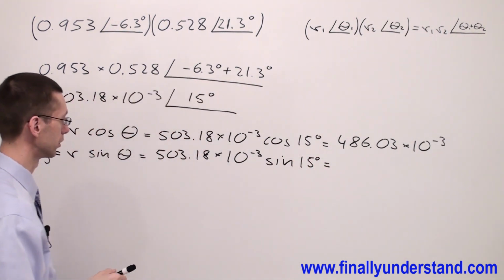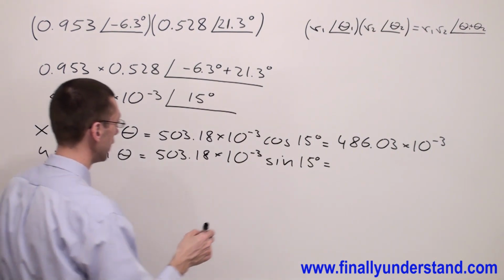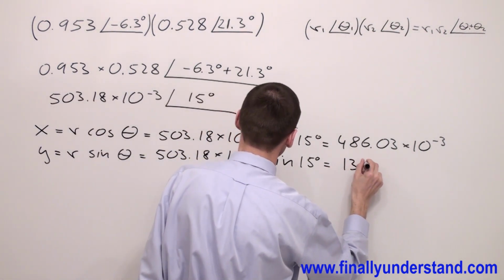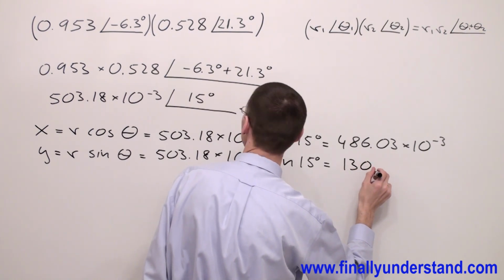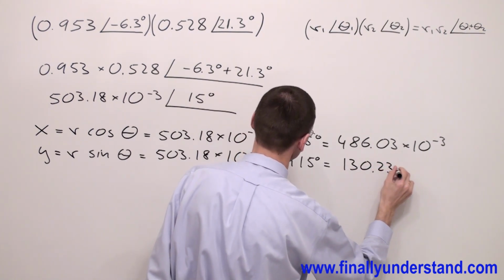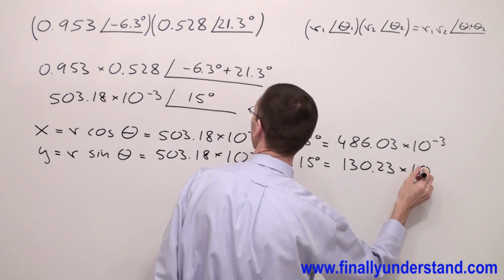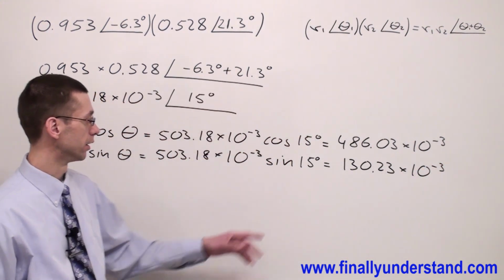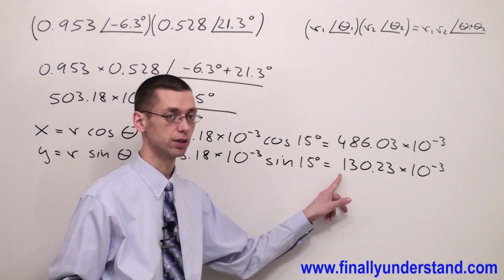Use the calculator. You're supposed to get the value of 130.23 times 10 to negative 3. Okay, so this is my real part and this is my imaginary part.